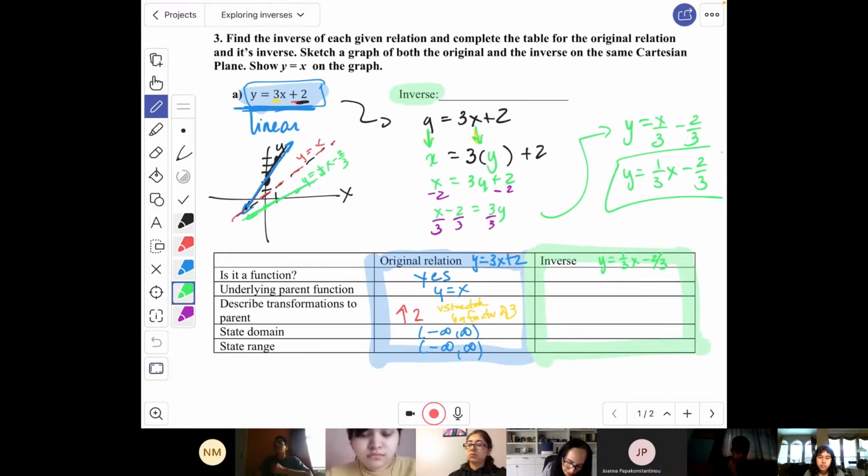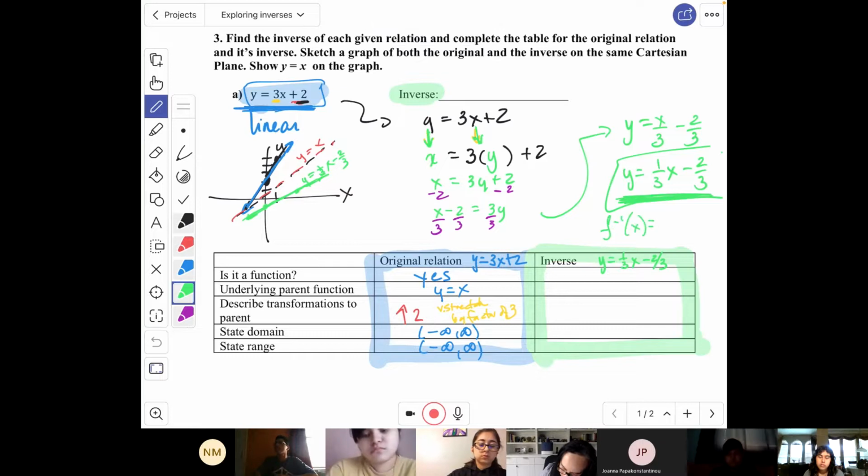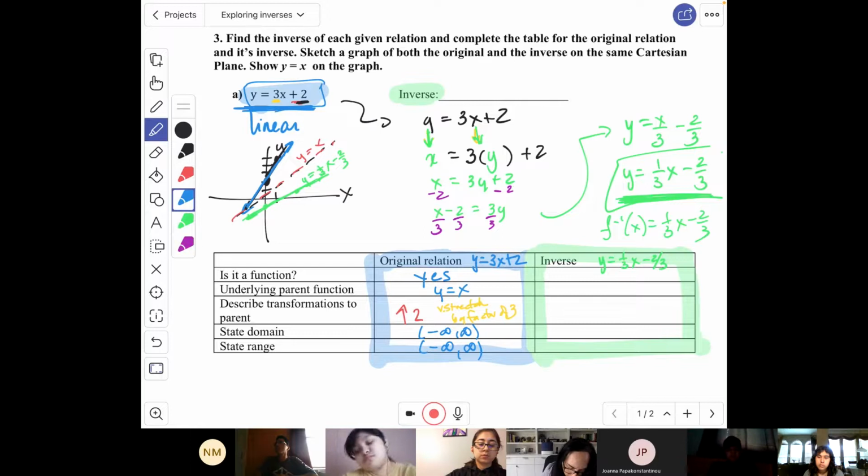So now I'm looking at this and I'm looking at this. And you should know that if I wanted to write it using function notation, it would be, let me write that a little bit bigger, f inverse of x. Have y'all seen this notation before? Yes? Inverse function? Okay.